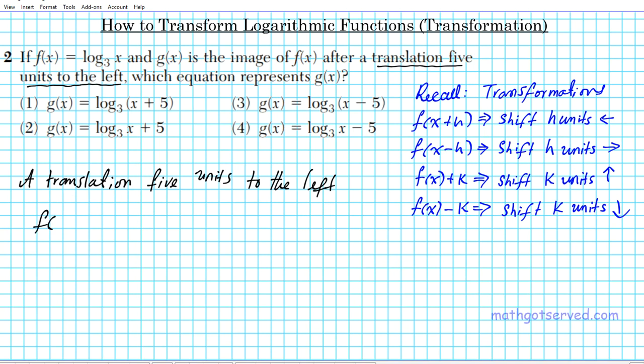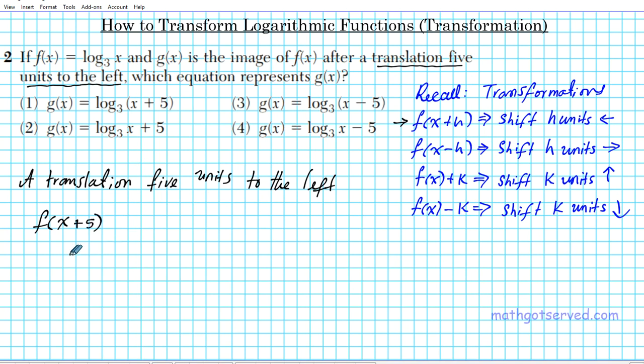Since we're moving in the horizontal direction, we're going to group it with the x. So which one is to the left? This one right here, right? A translation 5 units to the left is the function composed with x plus 5.